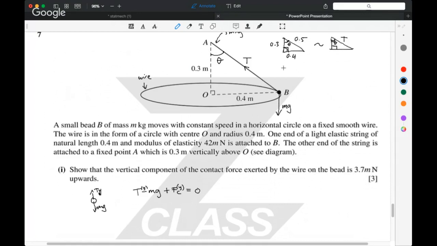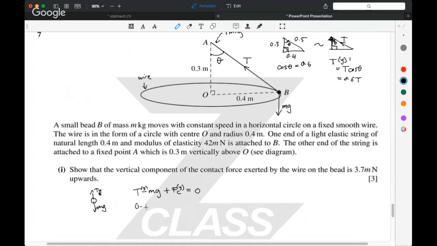So therefore, we know that the cosine of theta is 0.3 over 0.5, which is 0.6. And therefore, the vertical component of this, is equal to T cosine theta, which is 0.6T.